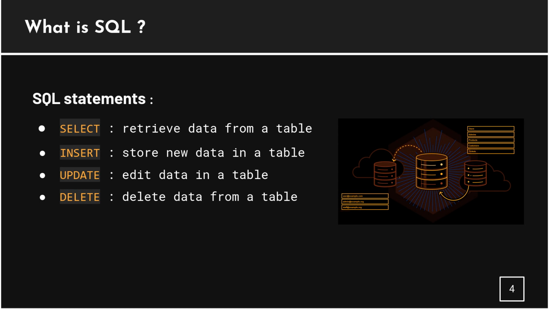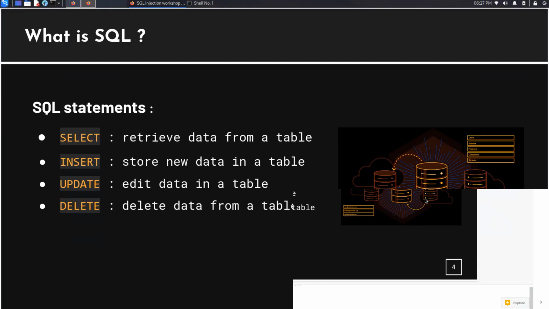Then we have the insert statement, used to insert or store new data in a table. Then we have update, which naturally indicates that we want to edit the data in some table. And finally, we can delete data from a table with the delete statement, of course.